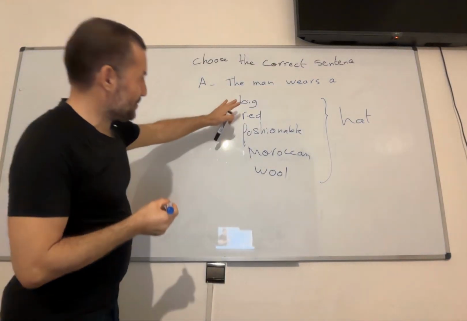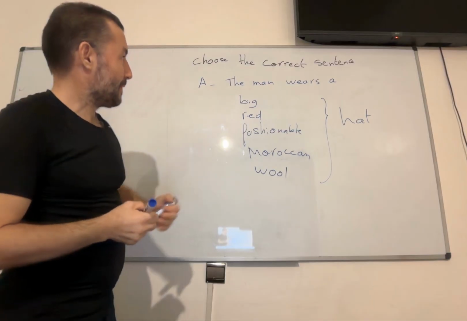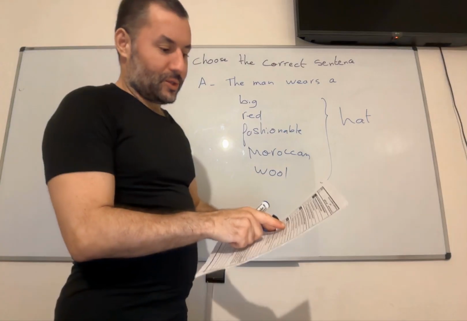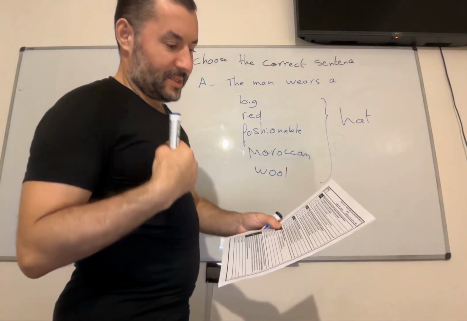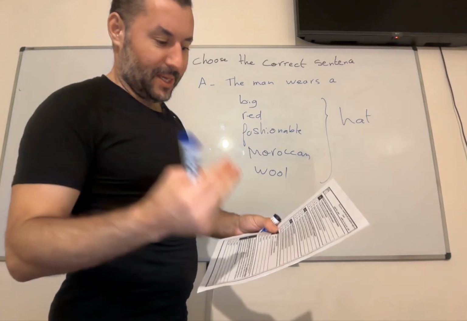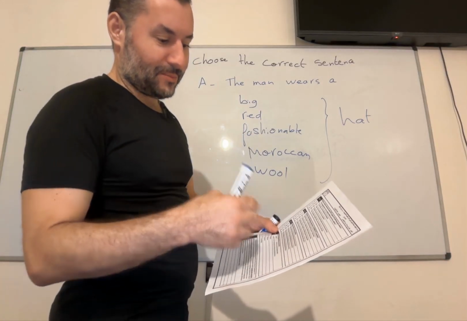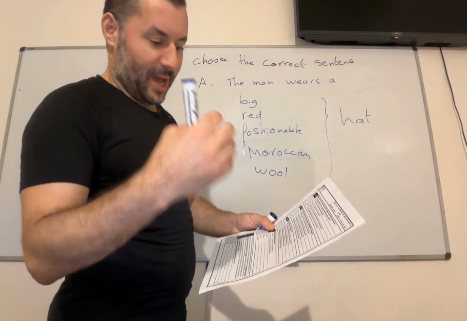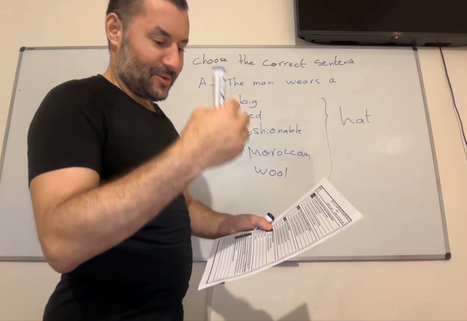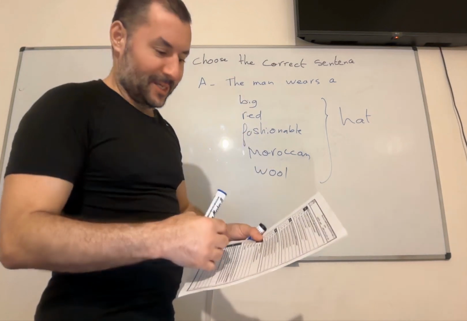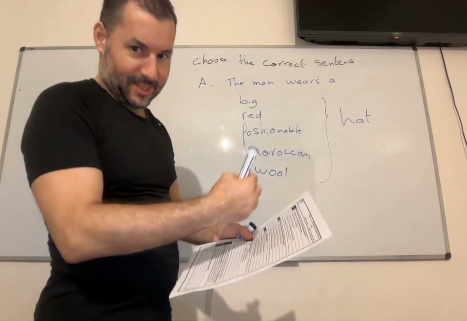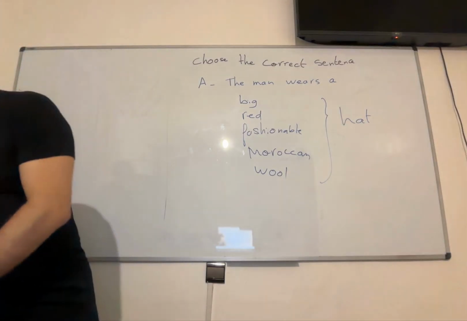So which adjective comes first? Which one comes second? The question here is, choose the correct sentence. A. The man wears a fashionable big red Moroccan wool hat. B. The man wears a big fashionable Moroccan red wool hat. C. The man wears a fashionable Moroccan big red wool hat. And D. The man wears a wool Moroccan red fashionable big hat. So which one is the right answer?